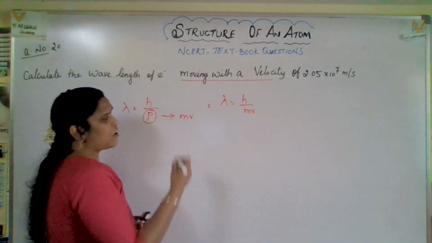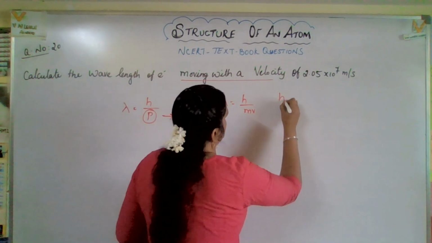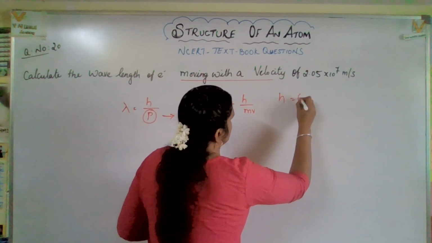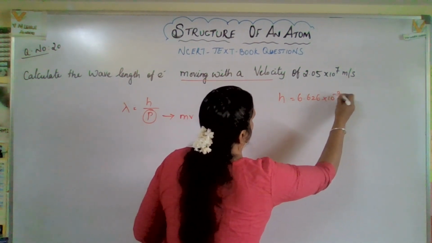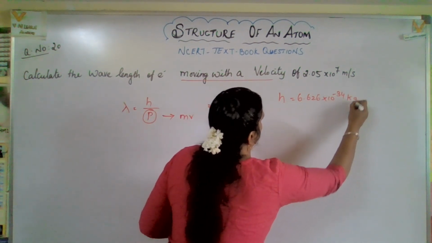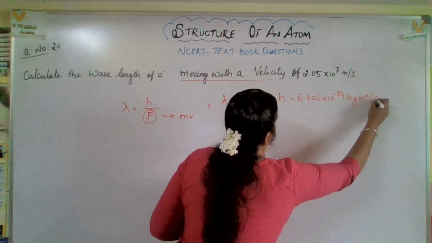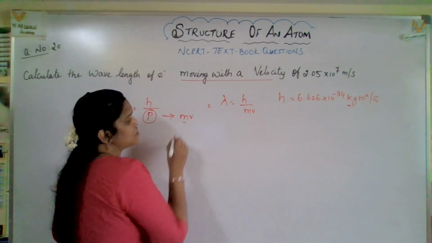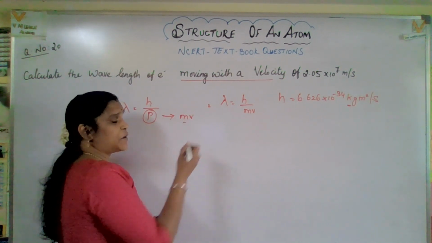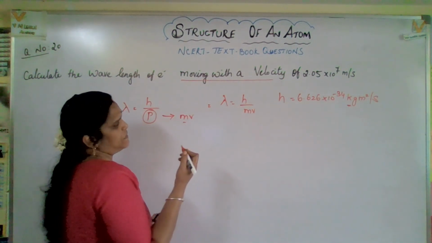Now let us write all these values. h is Planck's constant, 6.626 into 10 to the power of minus 34 kg meter square per second. I mention kg here because the mass also has to be used.